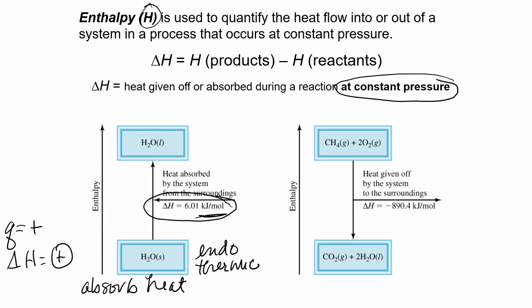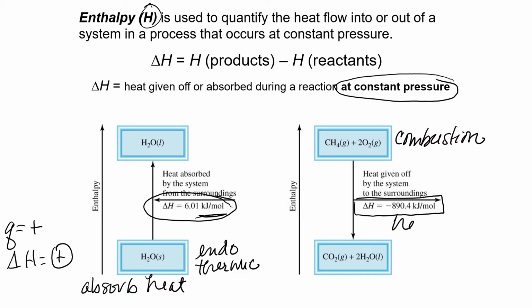On the right-hand panel, we have a condensation reaction, or phase change from gaseous methane to, oh, actually, this is a reaction, never mind, not a phase change, but a chemical reaction. You'll notice the delta H here is negative. This is combustion. What is one of the products of a combustion reaction other than CO2 and water?